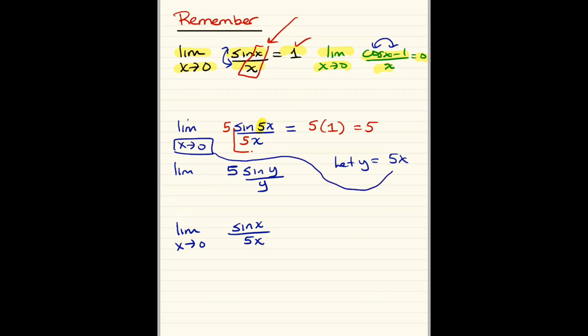So by putting x to be 0 here, we can solve for y. 5 times 0 is 0. So now y approaches 0. Remember, x is just an arbitrary variable, so it can be y, it could be theta, it could be anything. So now this is equal to 1 when the limit as y approaches 0, times the 5 on the outside. That's where we get the 5 from.